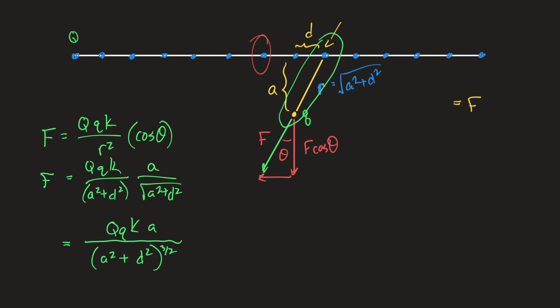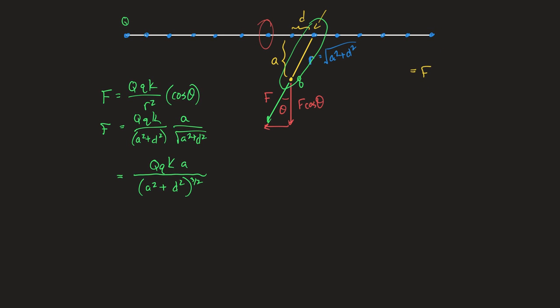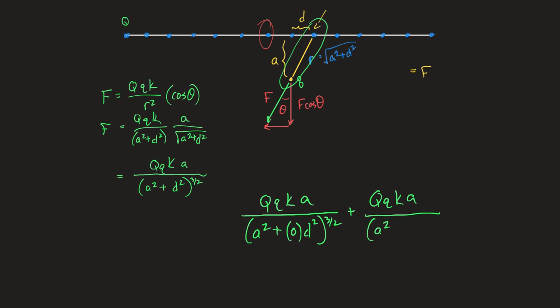So if I was to start with the center charge, I might be able to say, okay, the center charge is Q, q, K, a over a squared plus 0 times d squared to the 3/2. I could go to the one right next to it and know that that one's going to be Q, q, K, a over a squared plus 1 times d squared to the 3/2 power.